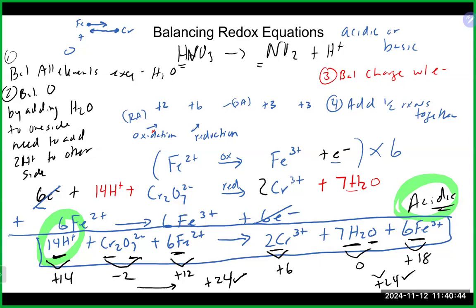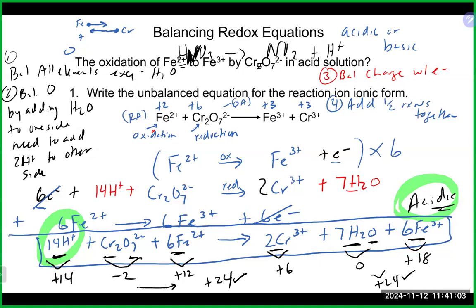So you do want to watch that. Sometimes it does pop up in these that in a half reaction, you are starting with more hydrogens on one side than the other. So at some point, you need to take that into account to make sure that all the hydrogens balance.